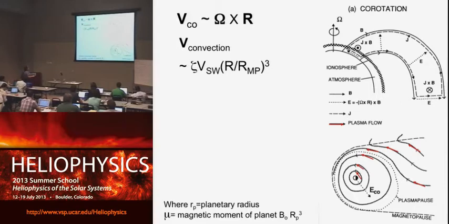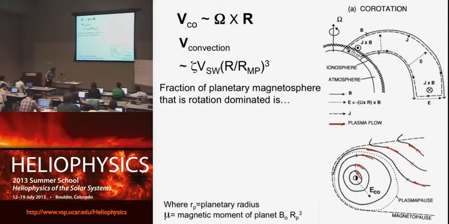Zeta times V solar wind, and this convection flow gets stronger as you get towards the magnetopause. Okay, and so then you can derive a fraction of the magnetosphere that is dominated by rotation, and we can compare that with the size of the magnetopause.